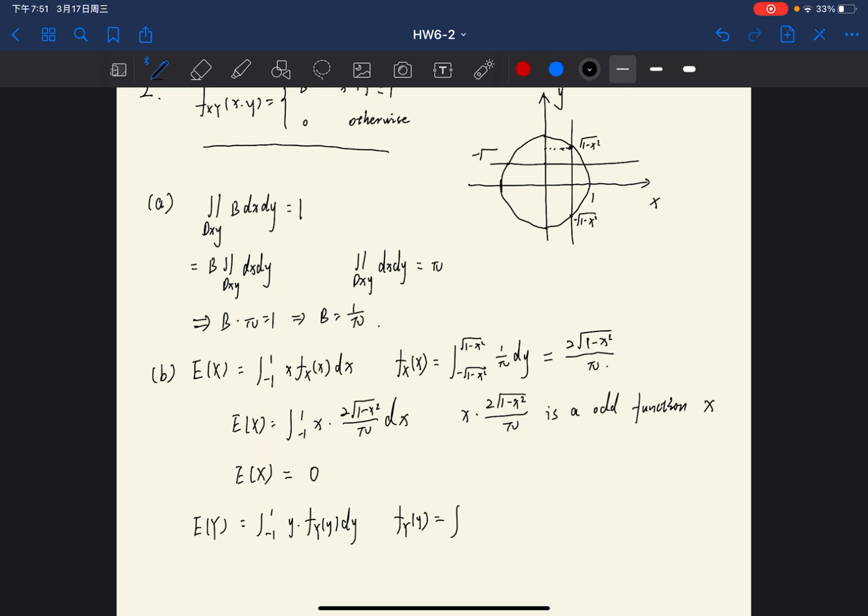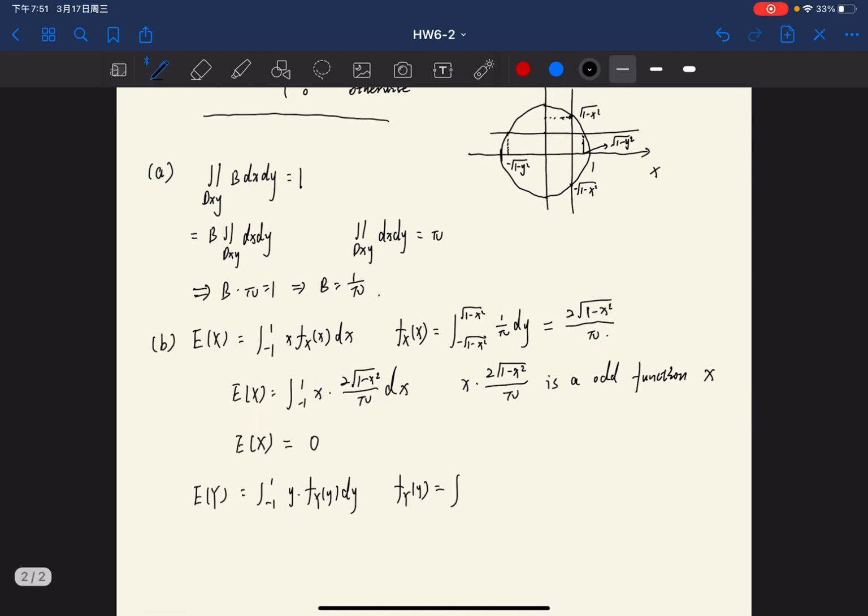The first point is negative square root of 1 minus y to the power of 2, and the second point is square root of 1 minus y to the power of 2.